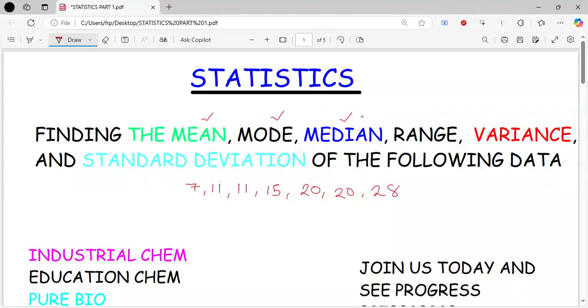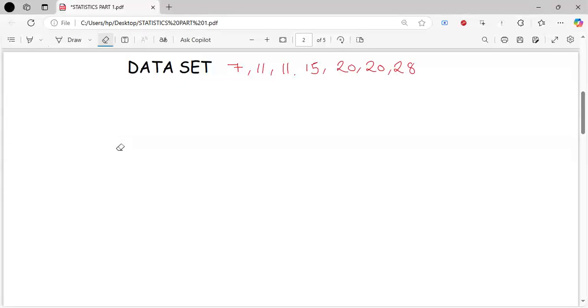If you have two on the middle, we add those two and divide by two. The range is the bigger number minus the smaller number. We'll see how to find the variance and the standard deviation. We have explained how to find all those.